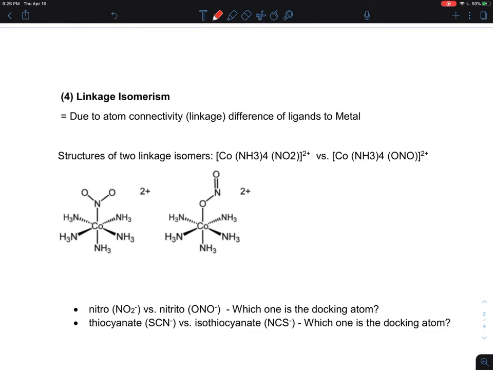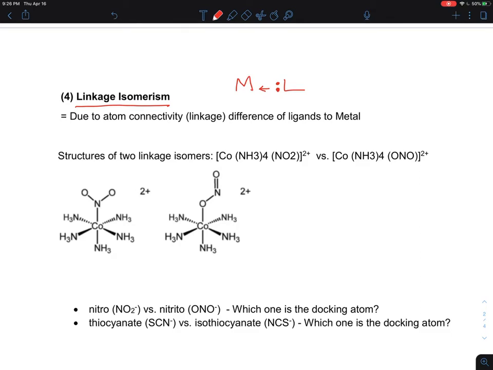Okay, so linkage isomer comes from the understanding like this. In the metal complex, there is always a metal in the middle, and the ligand is always expected to have a lone pair of electrons. I wrote the L in a very funny way. The ligand can donate the electron.